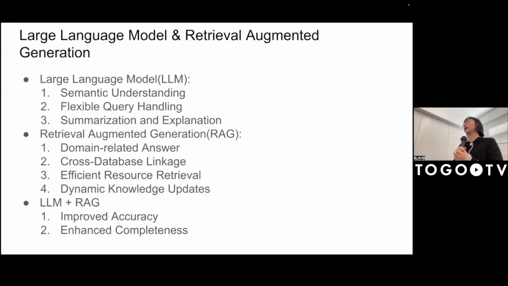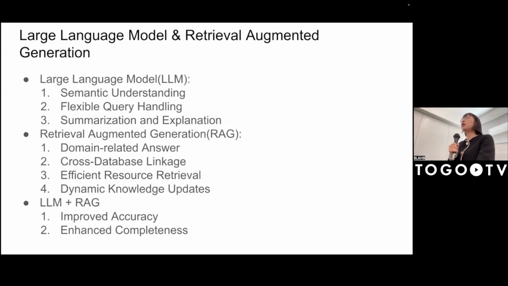And with RAG, we can use our self-built data resources to build a prompt for the LLM to get better answers for the users. It can help to provide domain-related answers, and we can do some database linkage so that we can have more comprehensive information.